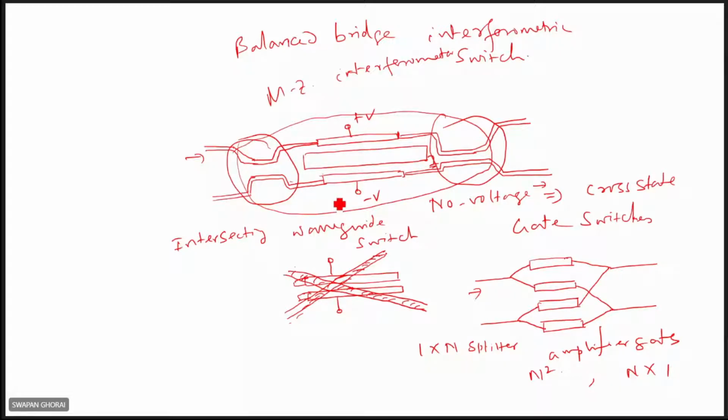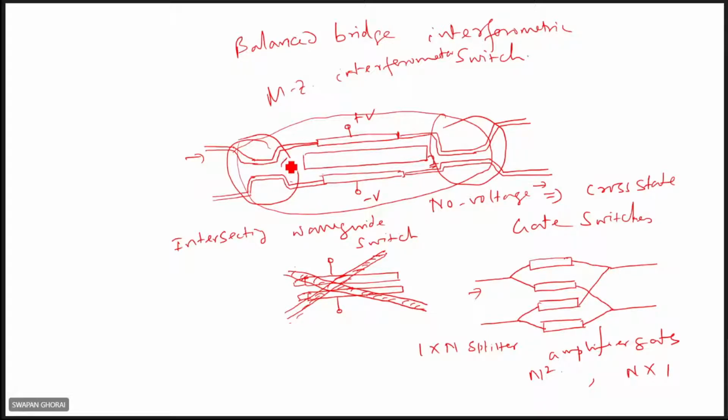Balanced bridge interferometric switch configurations. Here, when light is incident, it is divided into two parts by this coupler.